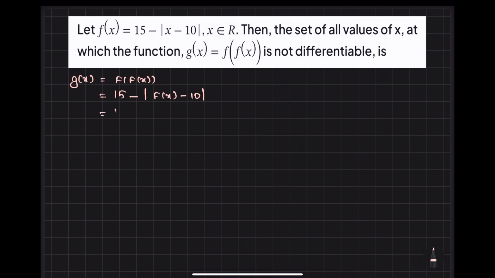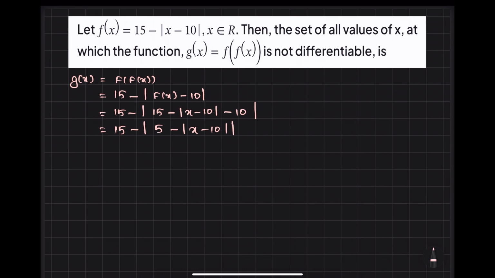In place of f of x, can I write 15 minus mod x minus 10 minus 10. Okay, now let's simplify things. So we got 15 minus mod, 15 minus 10 is 5, 5 minus mod x minus 10.